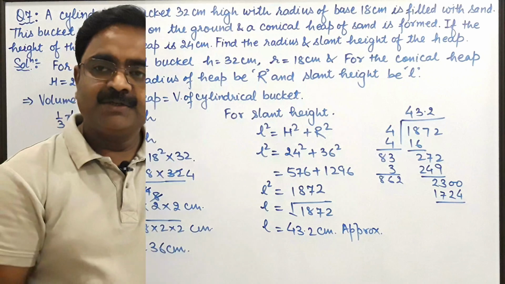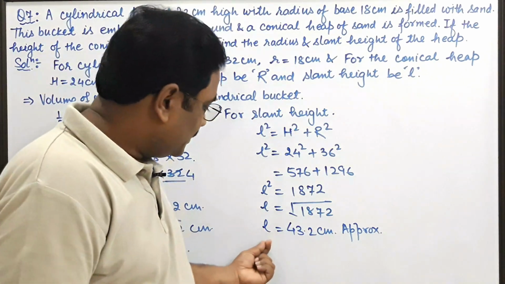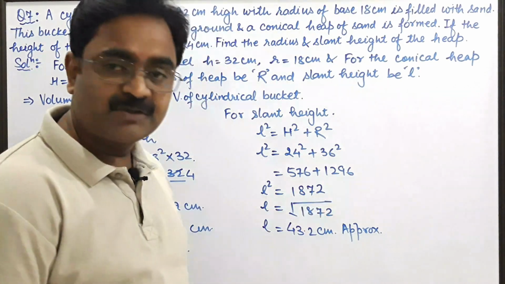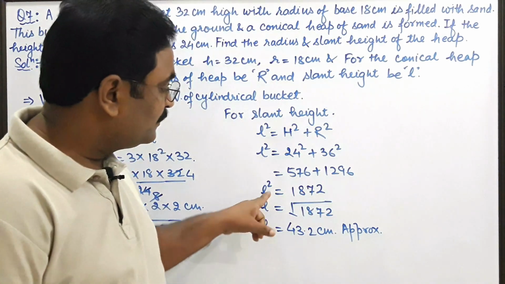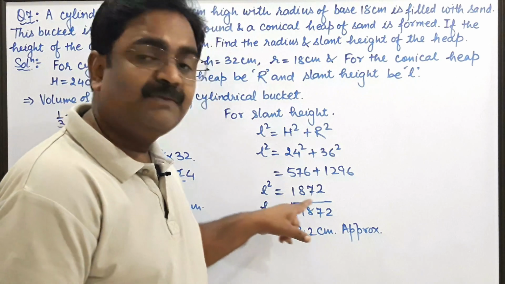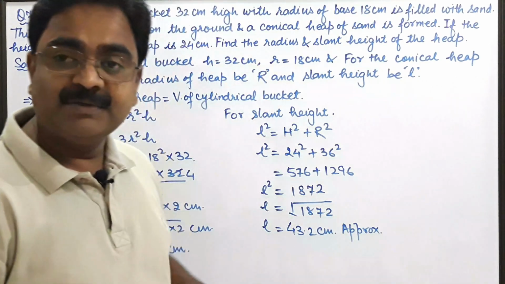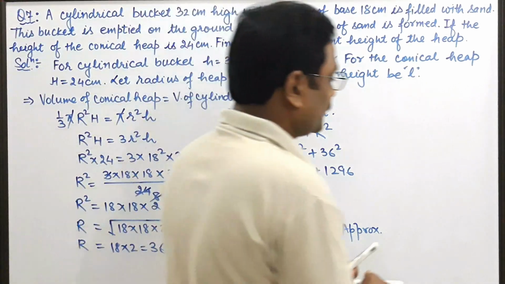Right friends, as we got the measure of slant height is 43.2 centimeter approximately, let's find this value in the form of square root also. That is, we have to factorize 1872.